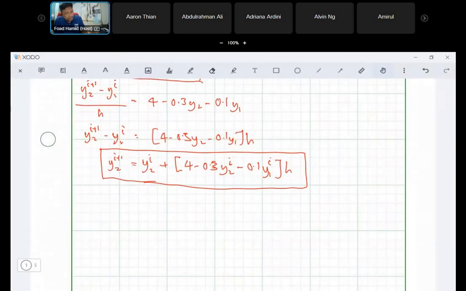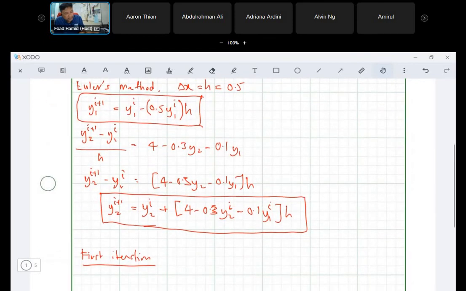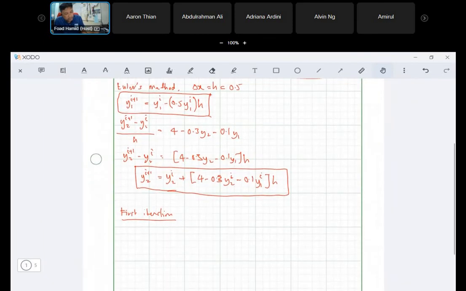So let's start with the initial iteration.